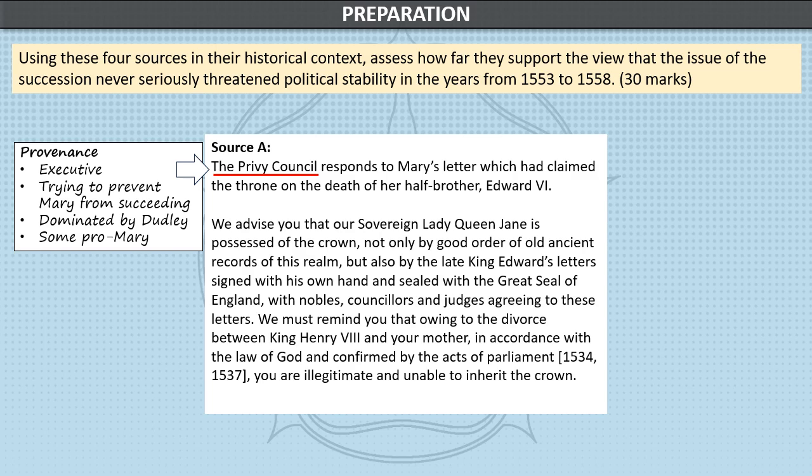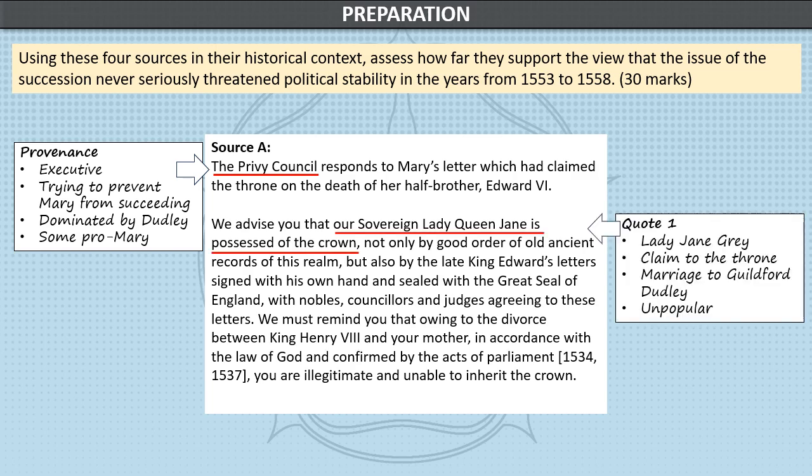So this is all relevant contextual information that's going to affect the validity of the source, and these are the kind of thoughts I might have. So I'm just going to note down in short bullet point form at the side, these are the kind of things that I know about the Privy Council at this stage. My next move is to find up to 3 quotes that I could use in my answer when analysing the source.